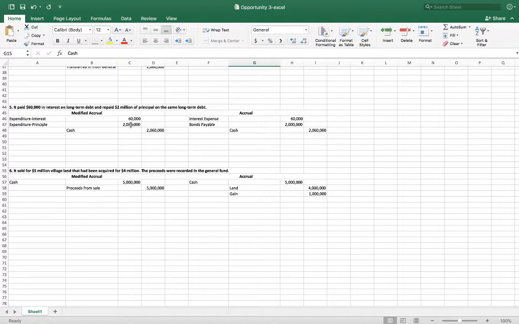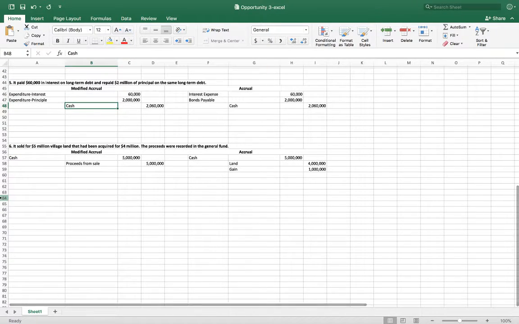So with that, we're going to have a credit of the two combined, and that is going to be $2,060,000. Moving over to the accrual method, we're going to have an interest expense of $60,000, and then we're going to have bonds payable because it's a liability that we have incurred of $2 million, and then we're going to have the same cash credit of $2,060,000.